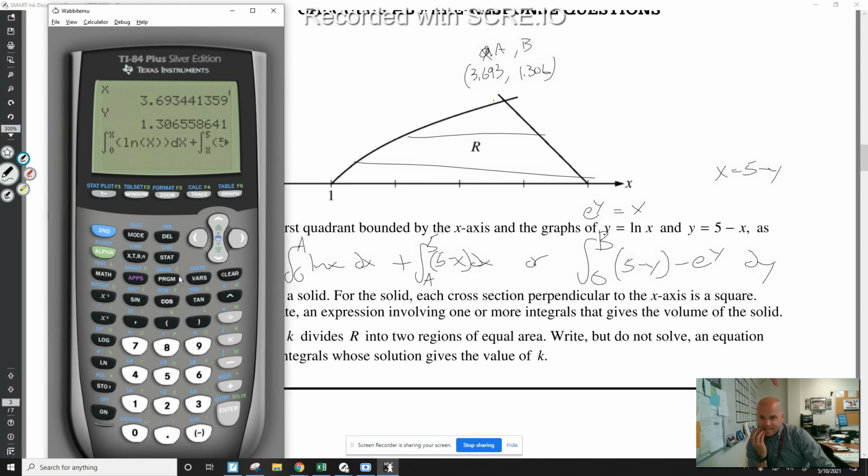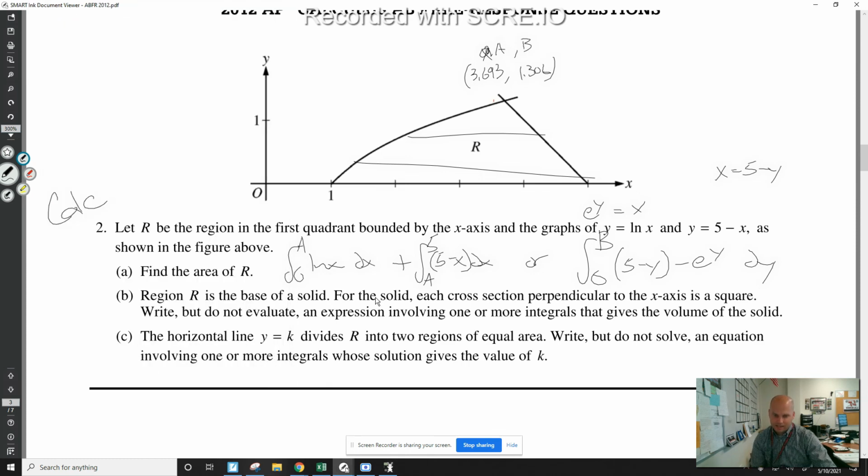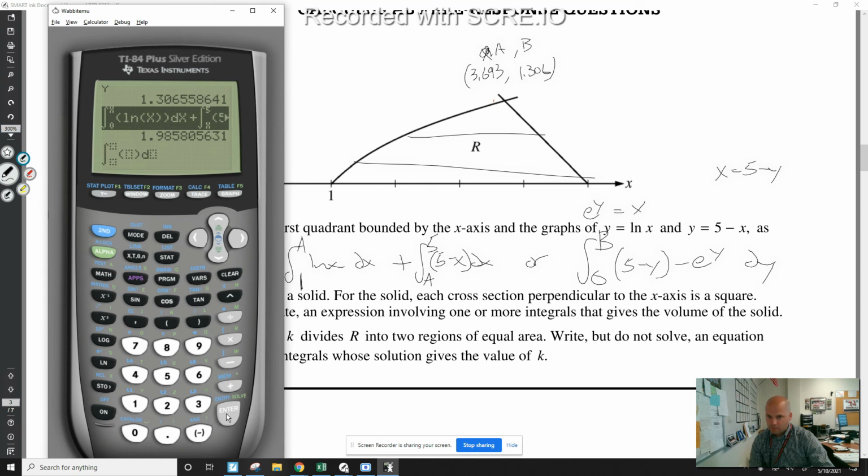That is 1.985. It's going to be the same as, oh, I made a mistake. It's not 0. It's 1. I start at 1. This starts at 1. Oh, look at that. This would have been a good thing to do to check.